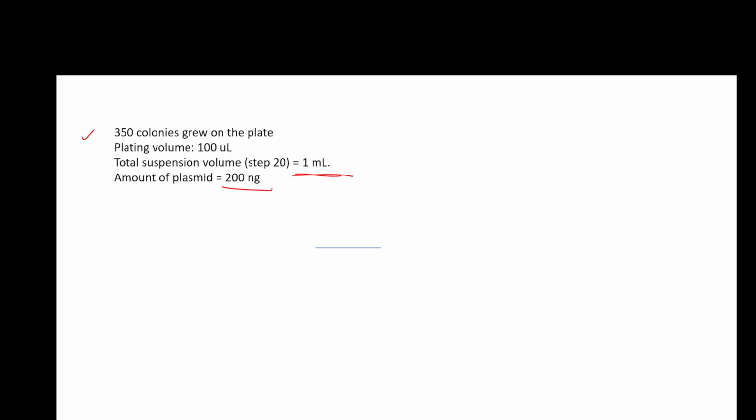So now you need to know how much you have actually plated, and that also you need to convert into certain volumes. All the volumes should be in ml and DNA should be in microgram, because we are talking about number of transformants per microgram, and the CFU stays as it is.